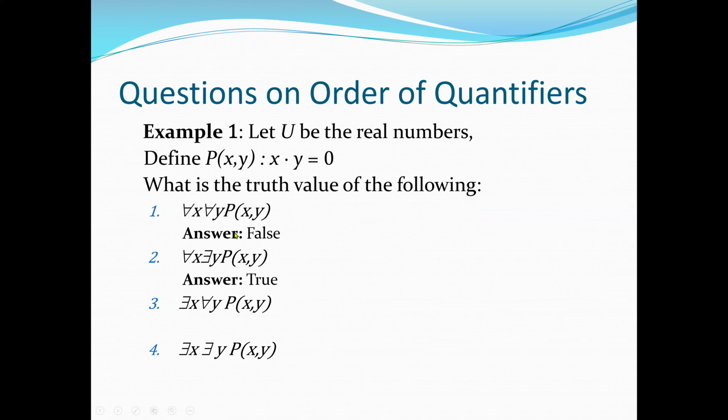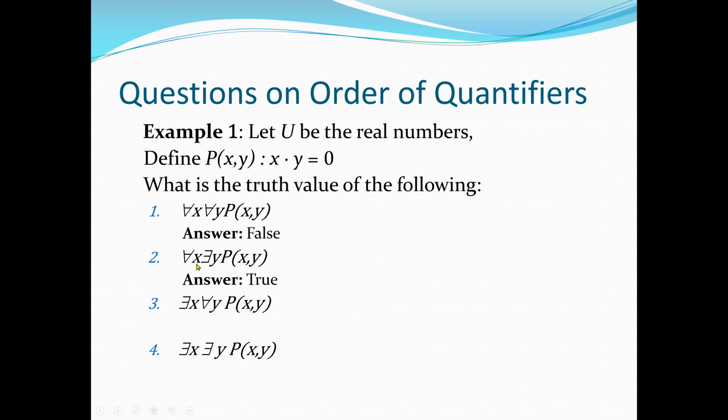And the reason why it's false, we know that not all x and y will meet this condition that x times y equals 0. Not all. We may get 0, of course. Let's say if x is 0 or y is 0, it will be 0. But if x is 2 and y is 3, the answer cannot be 0.